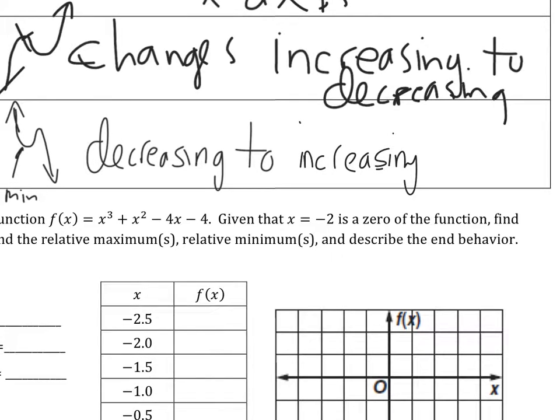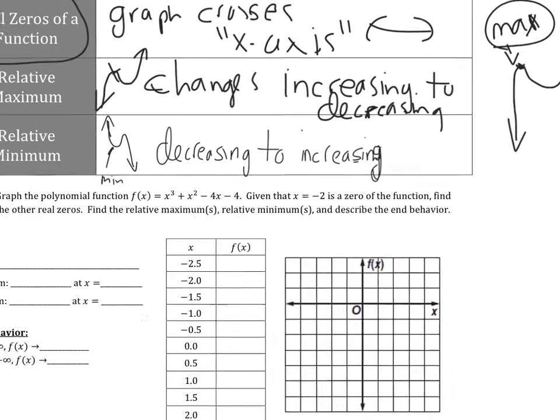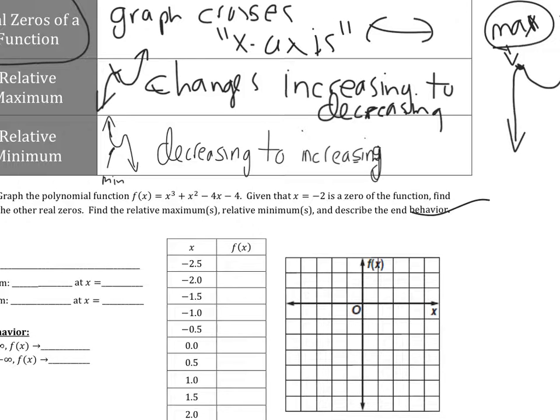And it's called relative because there's relative and there's absolute maximums and minimums. Relative means that it is not the absolute highest it can go, but it just kind of changes direction at that place. That is what relative means.